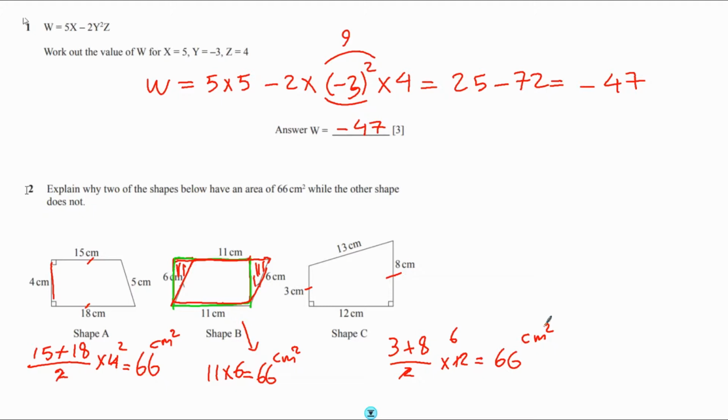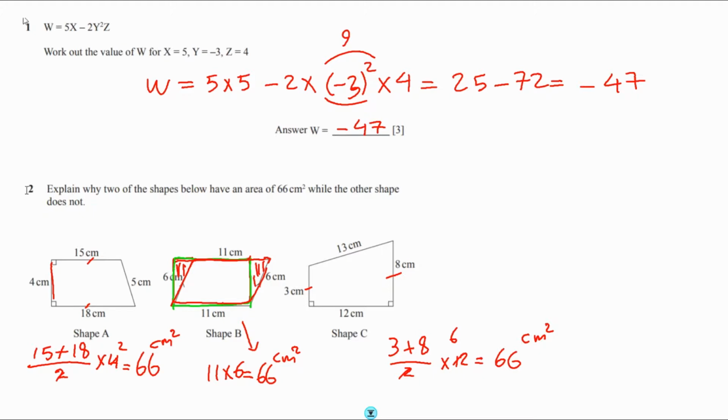Shape A and shape C are both trapeziums, and it is very clear that they have two opposite parallel sides, because those two parallel sides are at right angles to a single side, which basically makes them parallel.